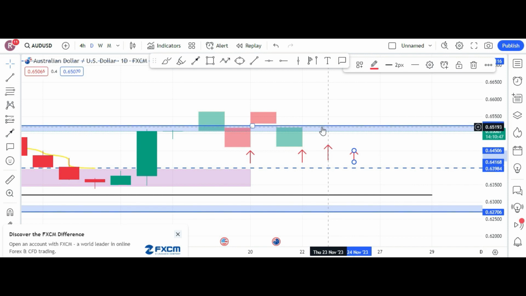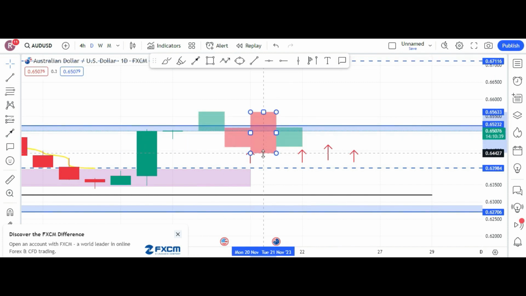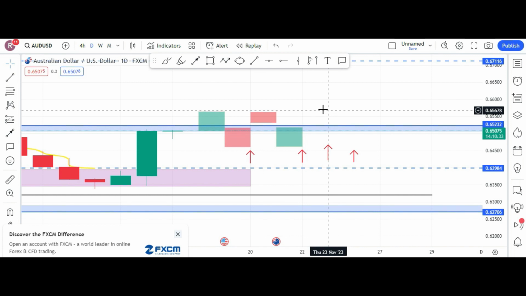Let me give you an example. This green candle went up, and then this red candle came down and started retracing and it stopped here. That is a better confirmation. You understand? We have a very good confirmation in that case, that it has a very long tweak.